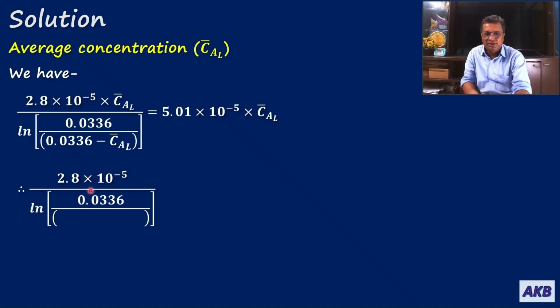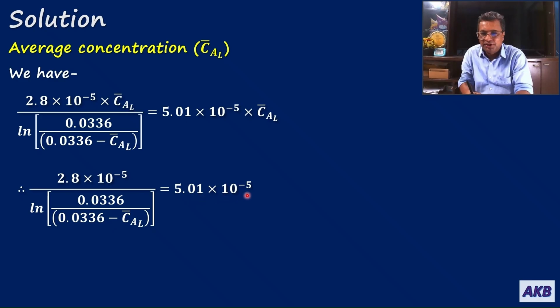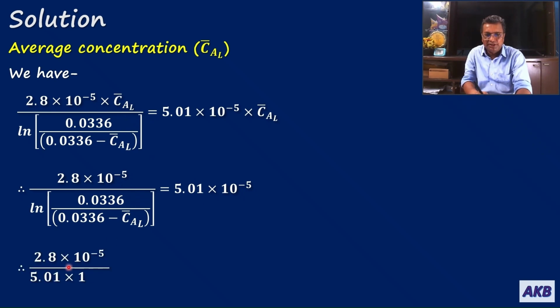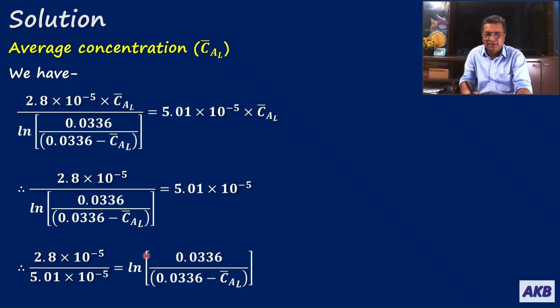So CAL bar on each side is cancelled. In the next step, it is 2.8 into 10 to the power minus 5 divided by 5.01 into 10 to the power minus 5 is equal to ln of 0.0336 divided by 0.0336 minus CAL bar. So I have brought this term to this side and we are getting this.